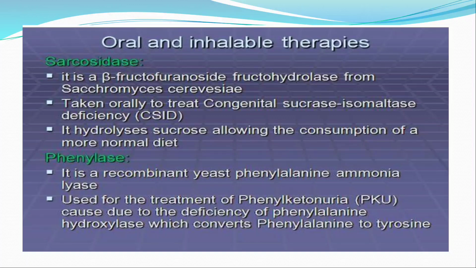Saccharomyces cerevisiae is a yeast, and the enzyme is taken orally to treat congenital sucrase-isomaltase deficiency, that is CSID. It hydrolyzes sucrose, allowing the consumption of a more normal diet.